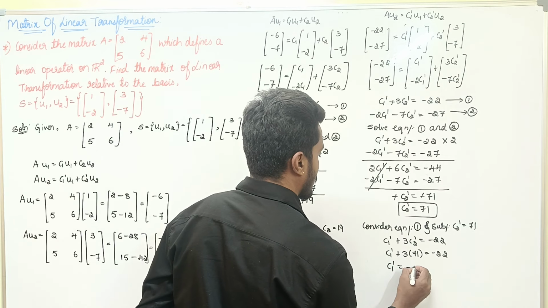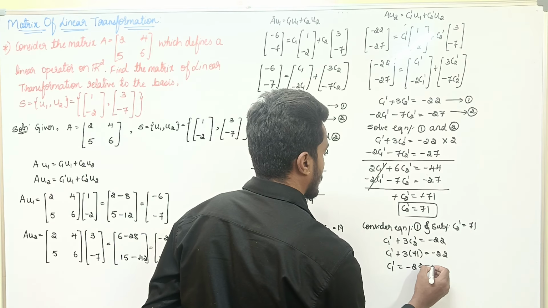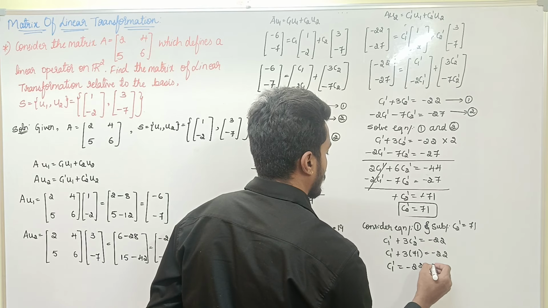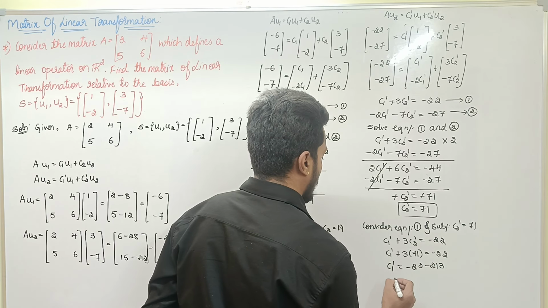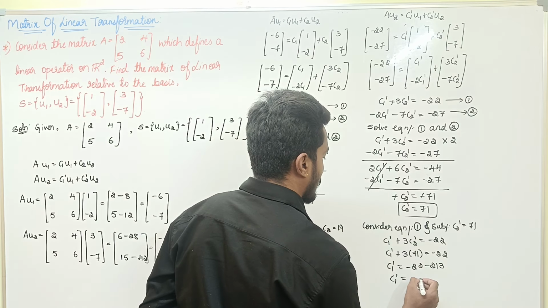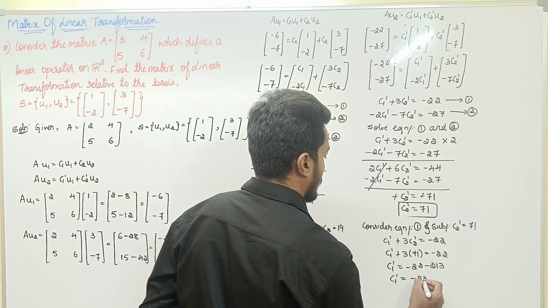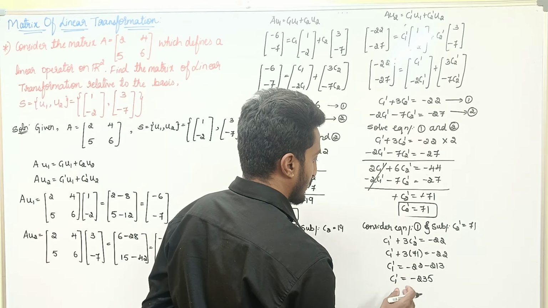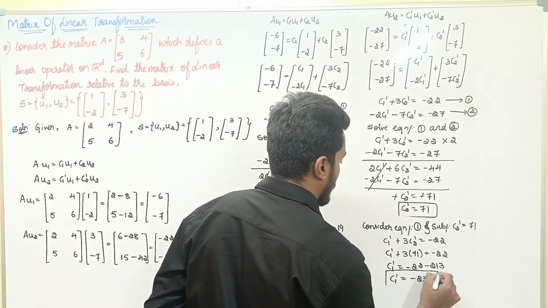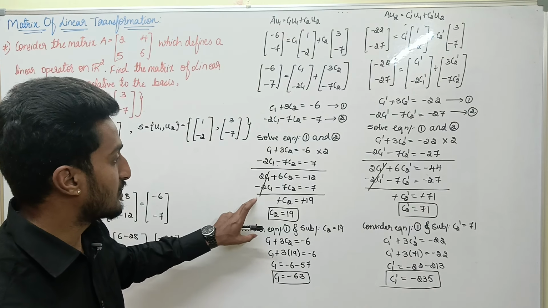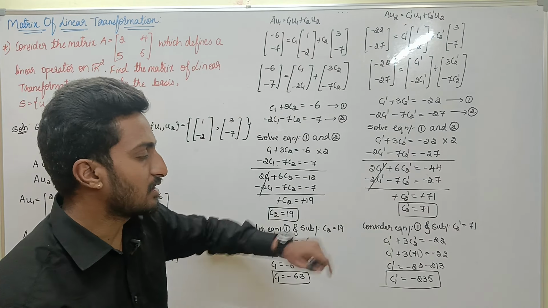C1 dash is equal to minus 22 minus 213, you get minus 235. Yes, this is your C1 dash. This is your coefficient value of C1, C2 and the coefficient of C1 dash and C2 dash.